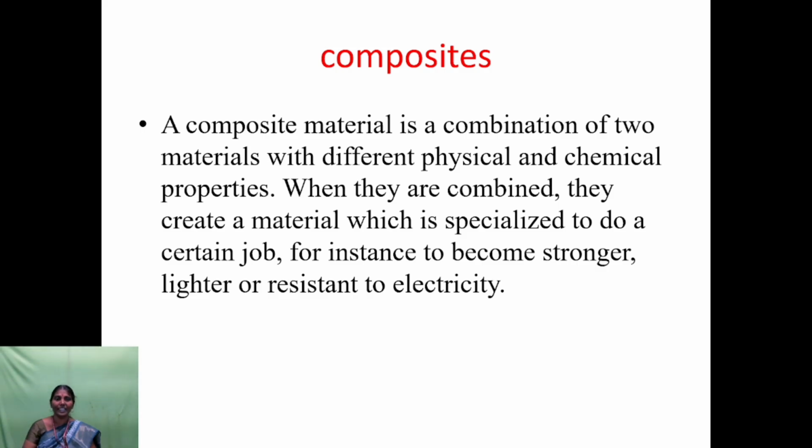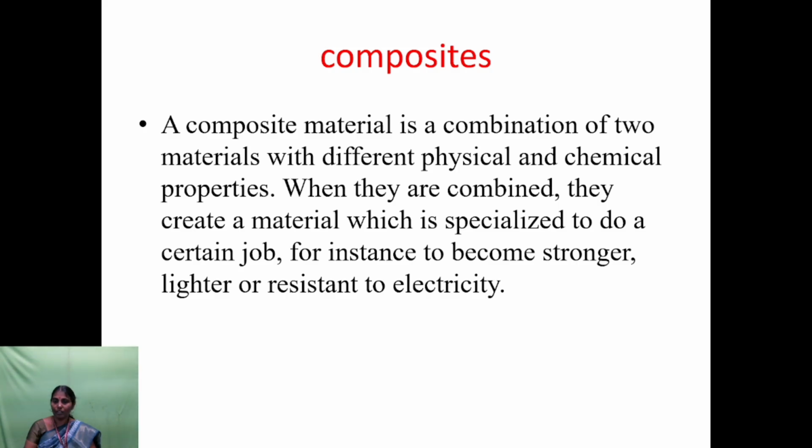They combine to create new unique properties, specialized to do a certain job, to create a material that, for instance, becomes stronger, lighter or resistant to electricity. So we use the composite material rather than conventional material, because it reduces the weight.